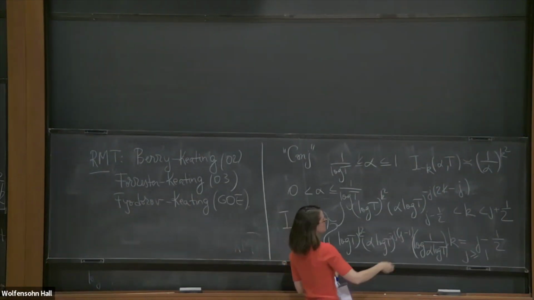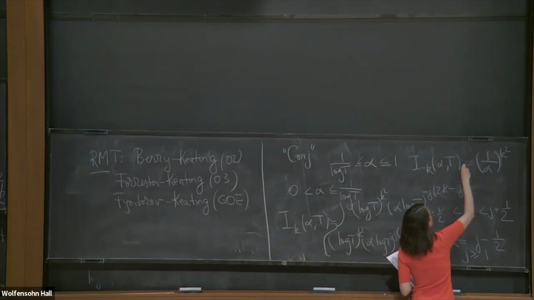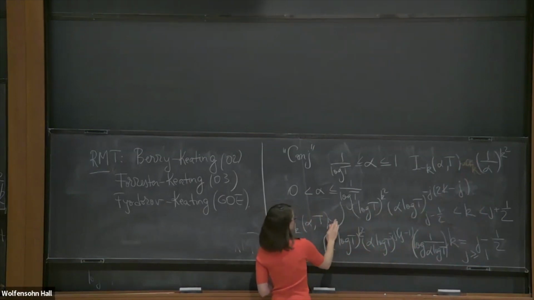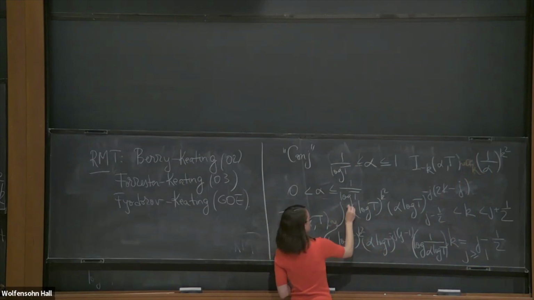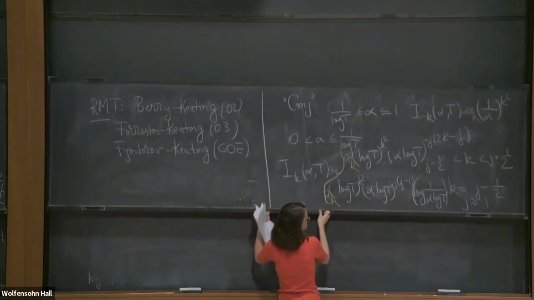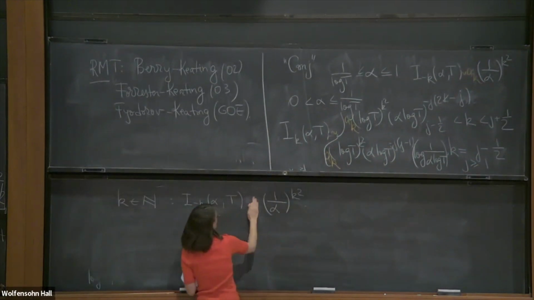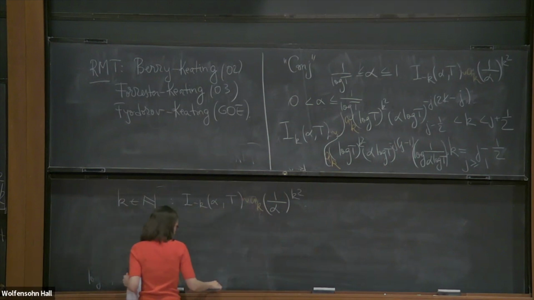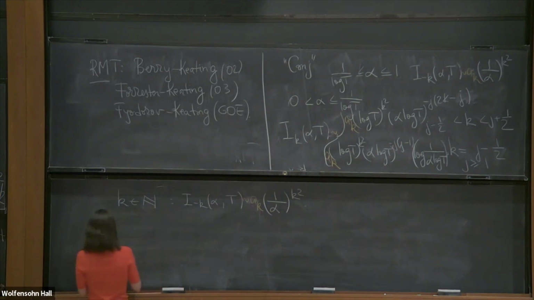And you can put in an arithmetic factor here. So it will be some A_k. The arithmetic factor, again, I'll write it with a question mark. It hasn't been written down, but you can do it quite easily.